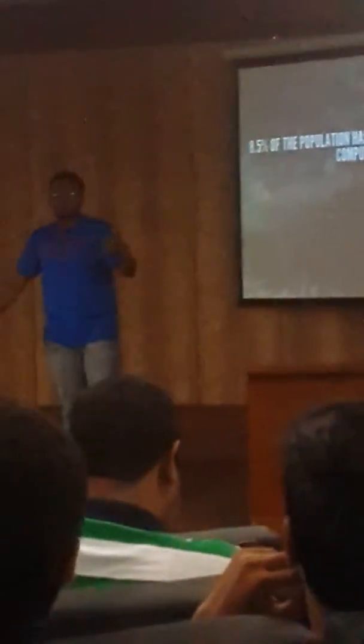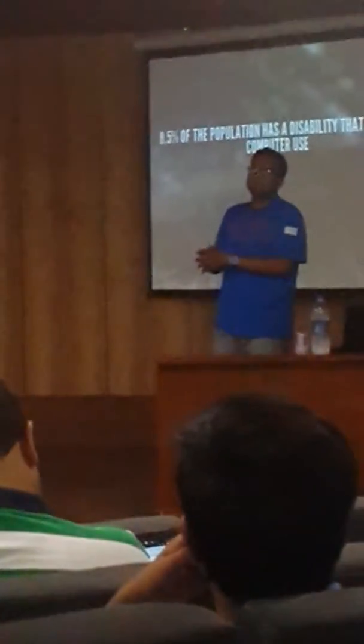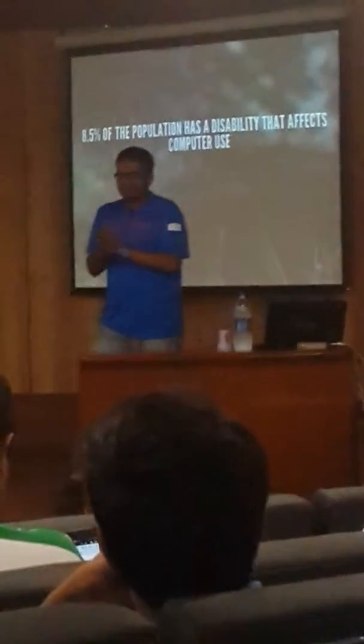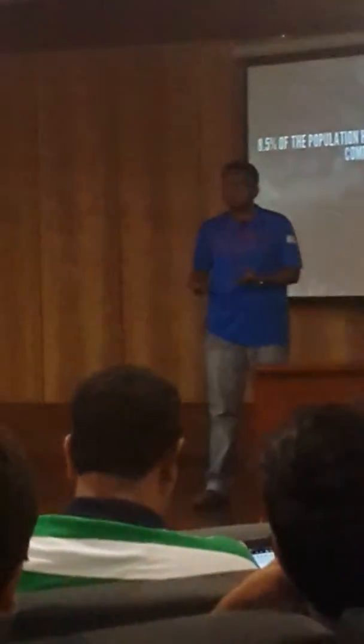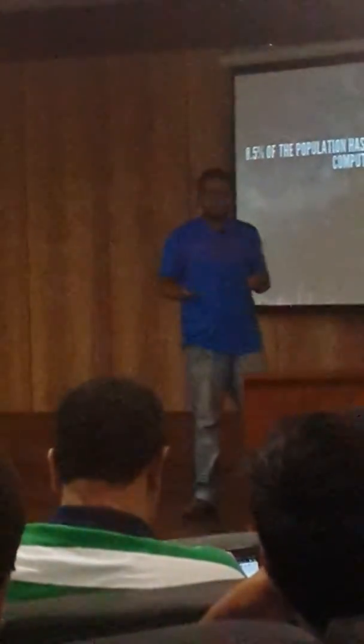I'll come to the different types of disabilities later, but these 8.5% of the population can use assistive technologies which help them use a computer and, of course, browse the internet. But that does not necessarily mean that the assistive technology that they are using will be compatible with your website.